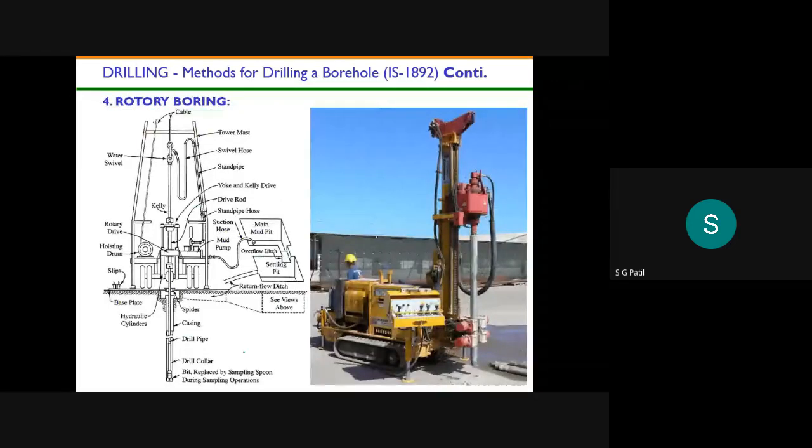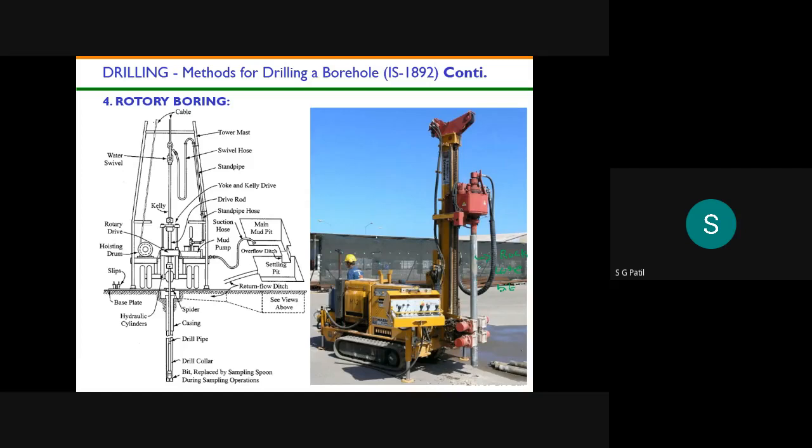So this is the assembly of the rotary boring. You see this is the rock core. In this rock core bit, the rock will be stored inside.